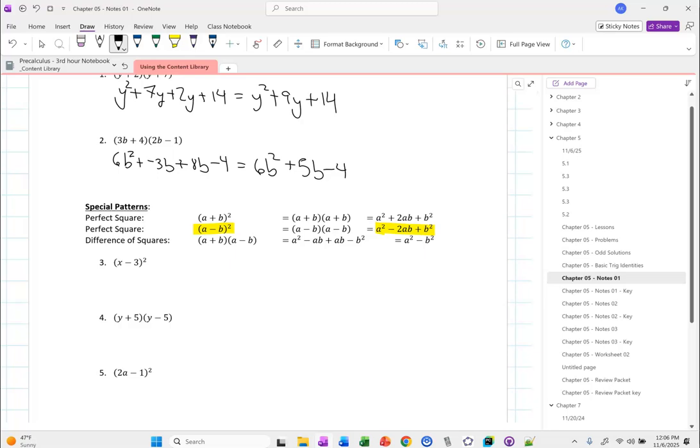X minus 3, x minus 3. So in my formula, A is x and B is 3. So I'm just going to have x squared minus 2 times x times 3 plus 3 squared.